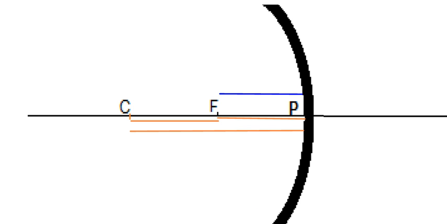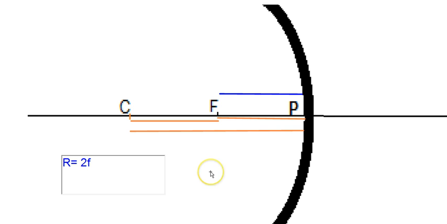As we know, radius of curvature is double the focal length. So R is equal to 2F. Be very careful about these things.